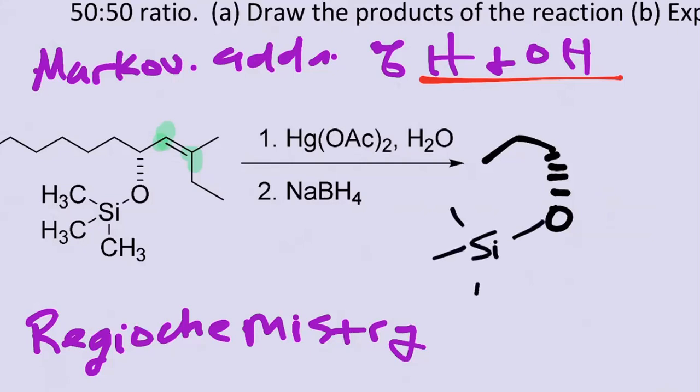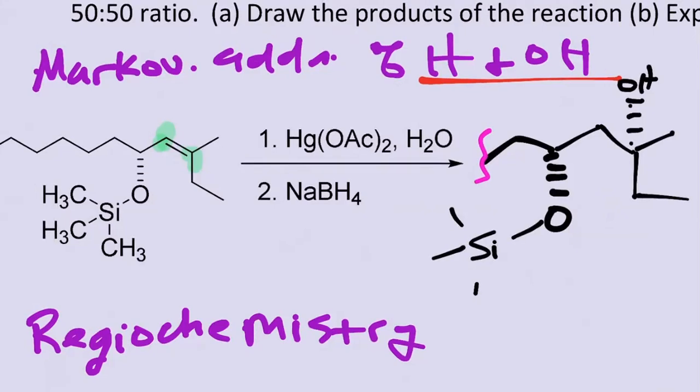I'm just going to abbreviate the methyl groups too. And so on the double bond, the alcohol is going to end up over here. And I'm just going to draw it on the first one on the wedge like that. And then this is cut off. I didn't draw the rest of it. But we're okay with that. So that's one of my products.